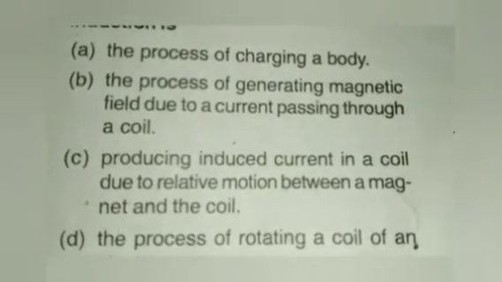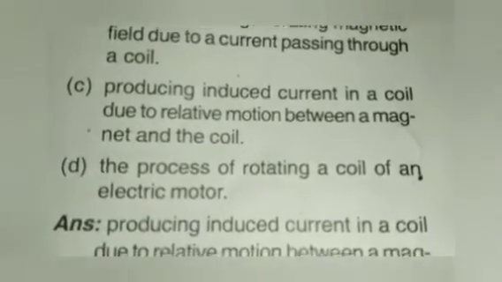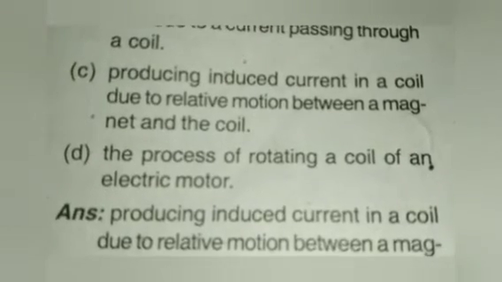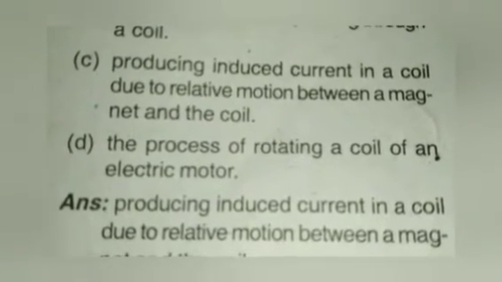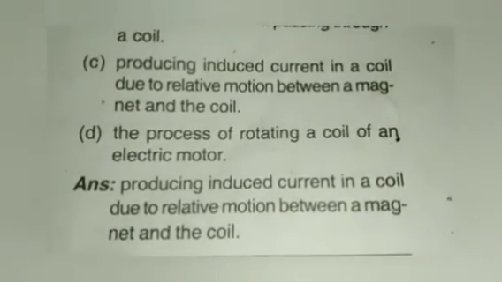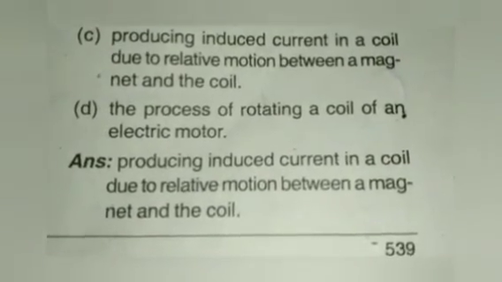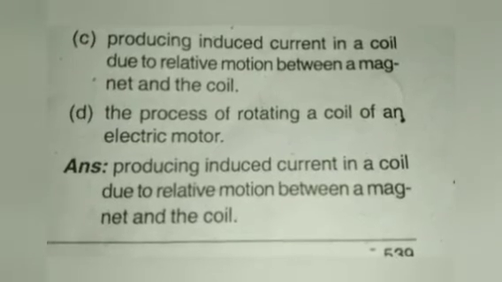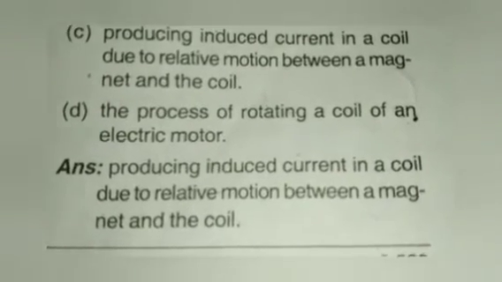Option D. The process of rotating a coil of an electric motor. Here option C is the answer. Producing induced current in a coil due to relative motion between a magnet and the coil.